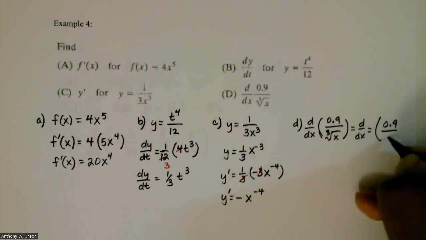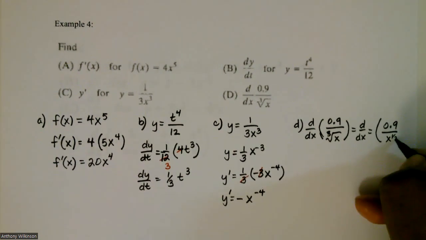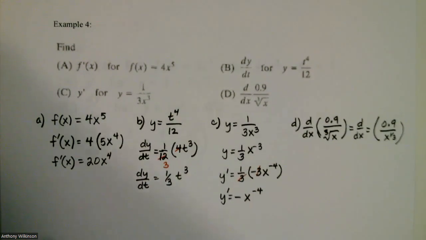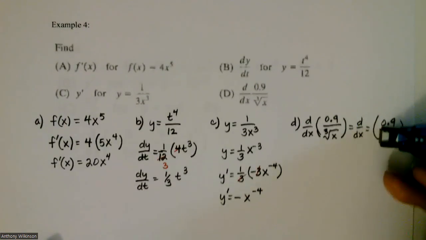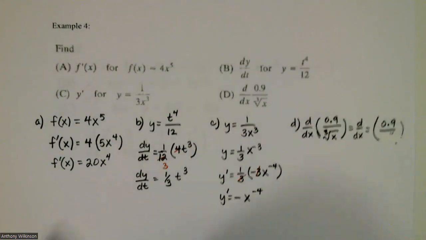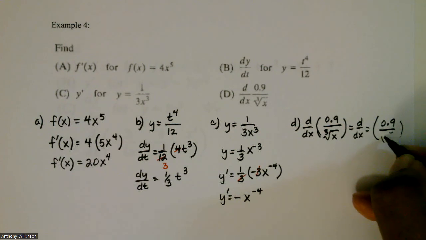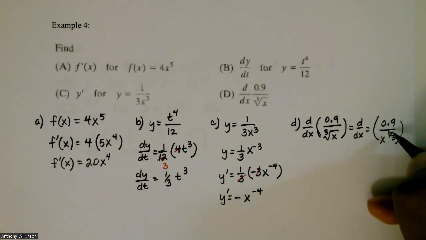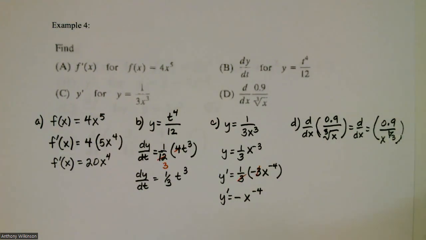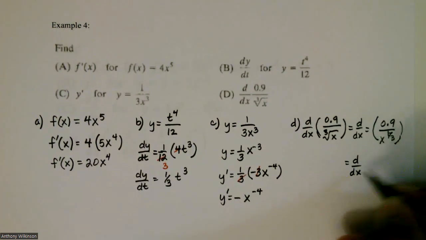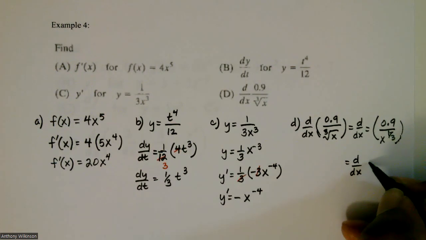The cube root of x in exponential form will be x to the 1/3 power. Let me make that clear so y'all can see it, x and then 1 over 3. All right. But that x to the 1/3 power in the denominator, I can pull that out as this.